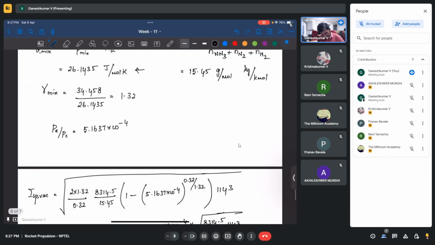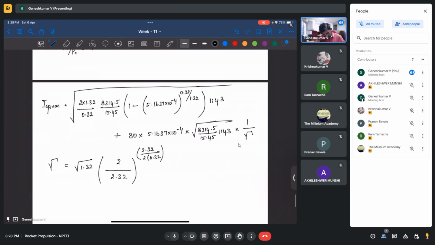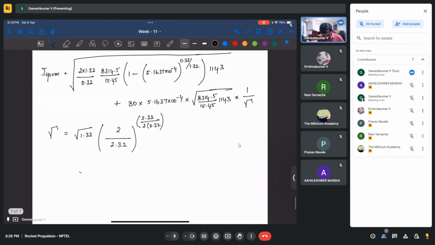And multiplied by 1 by capital gamma, where capital gamma is square root of 1.32 into 2 divided by 2.32, power 2.32 by 2 into 0.32. So you find gamma here, substitute here, you will get the final ISP, and it should come less than 2200.